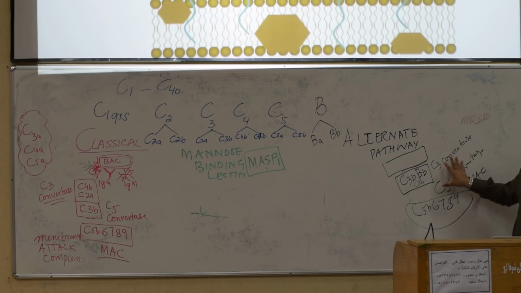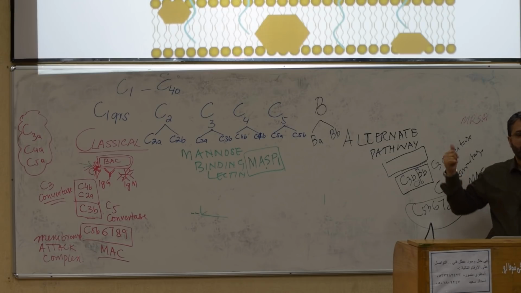In this pathway also, C3a, C4a and C5a will be produced. We'll see what their functions are. So all of you are okay so far with the activation, the three main steps: C3 convertase, C5 convertase and MAC formation? Everyone is clear? Yeah.